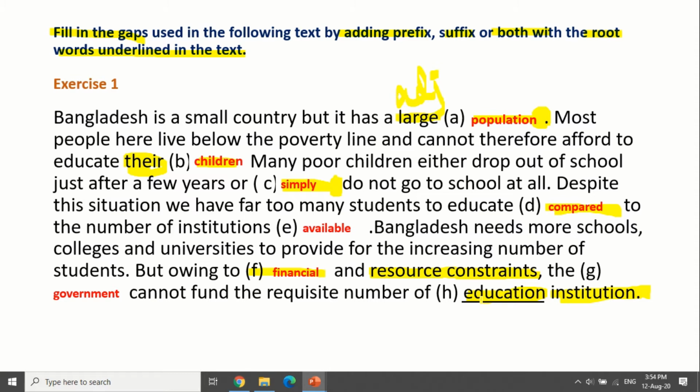We can add al after education, so the word will become educational, right? So what will be the correct sentence? The correct sentence will be, but owing to financial and resource constraints, the government cannot fund the requisite number of educational institutions. Right? So we have done our exercise number 1. Now let's focus on exercise number 2.